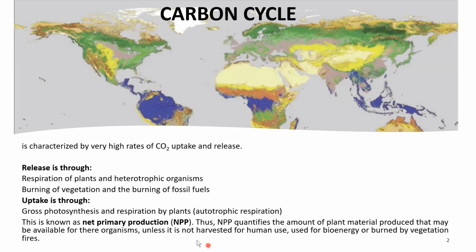Net primary production quantifies the amount of plant material produced that may be available for other organisms. This is the net produced, because the production of materials is dependent on the carbon dioxide, and that is available for other organisms.